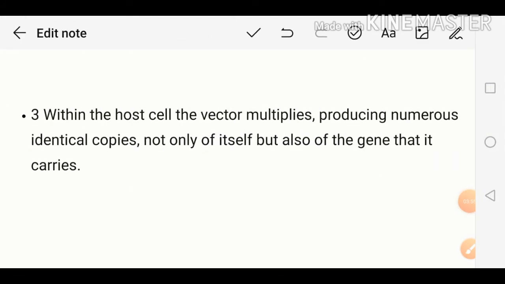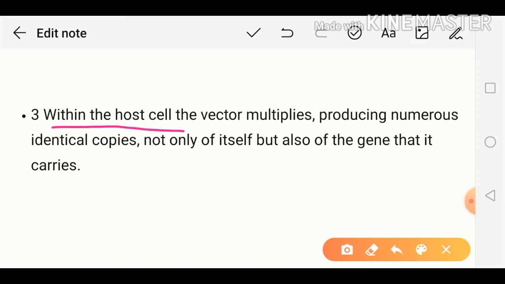So the third step in gene cloning: the cloned DNA molecule is inserted within a host cell. The cloned molecule means the vector plus our desired DNA, and that clone multiplies, producing identical copies.